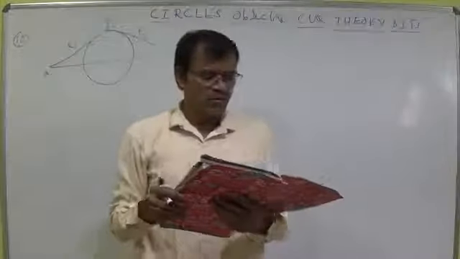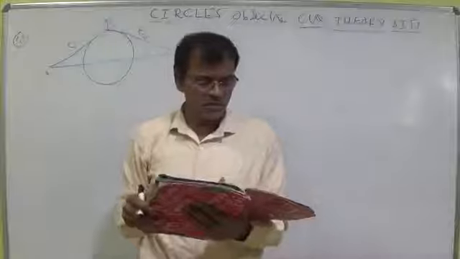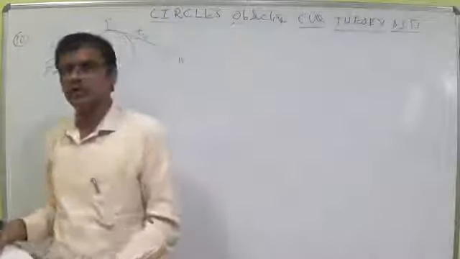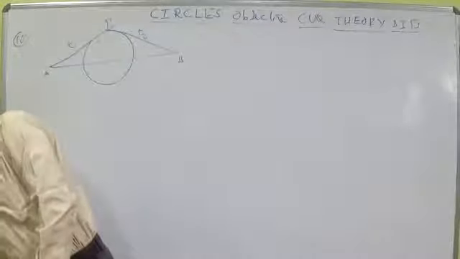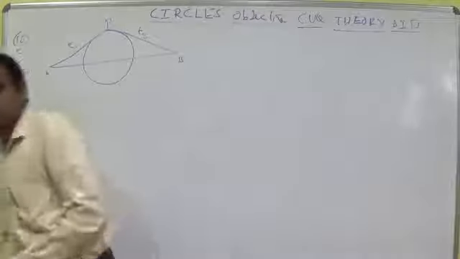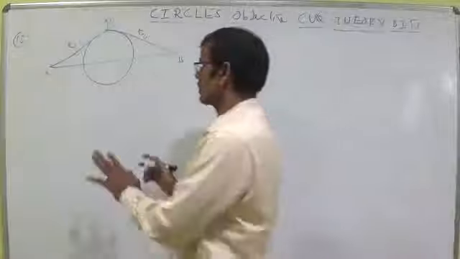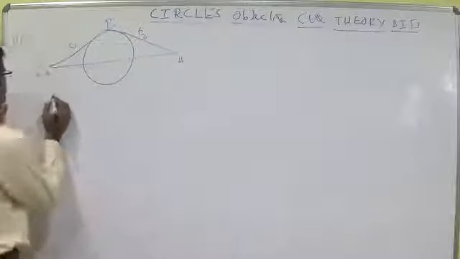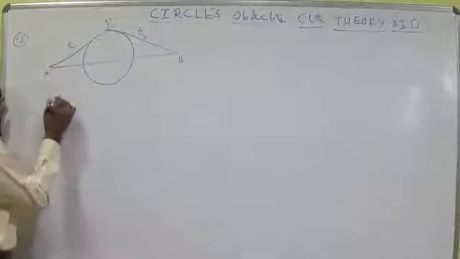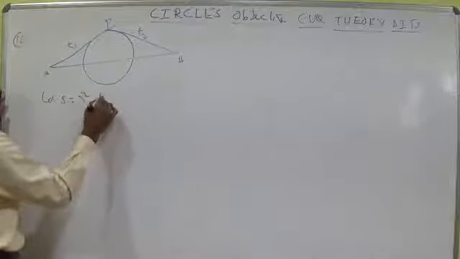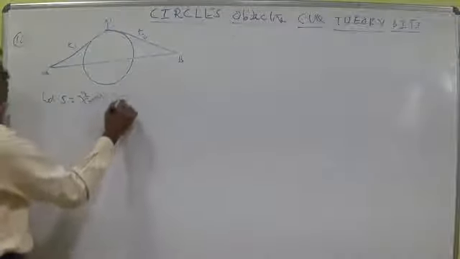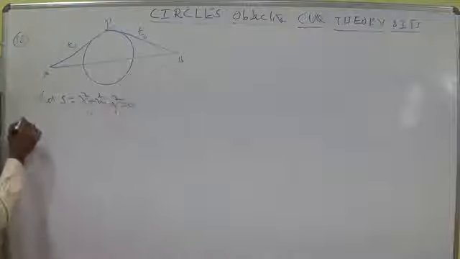If T1, T2 are lengths of tangents drawn from two conjugate points A, B, then what is T1 square plus T2 square? T1 is the length of tangent. So let the circle S be x square plus y square minus r square is equal to 0.